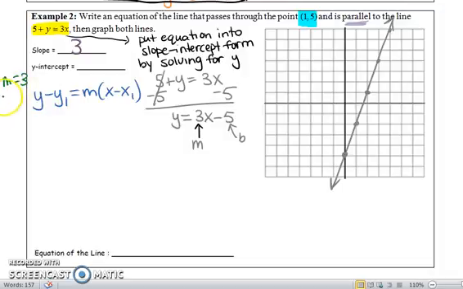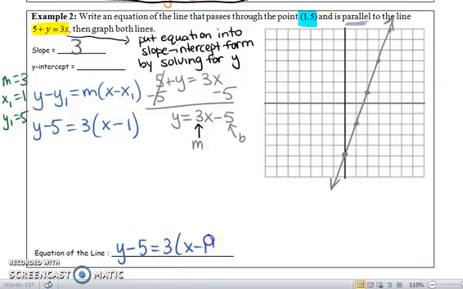And we know that our x1 is 1 and our y1 is 5. So plugging that all in, we have y minus 5 equals 3 times x minus 1. Now I could say that the equation of the line that is parallel to the given line that goes through the given point is y minus 5 equals 3 times x minus 1.